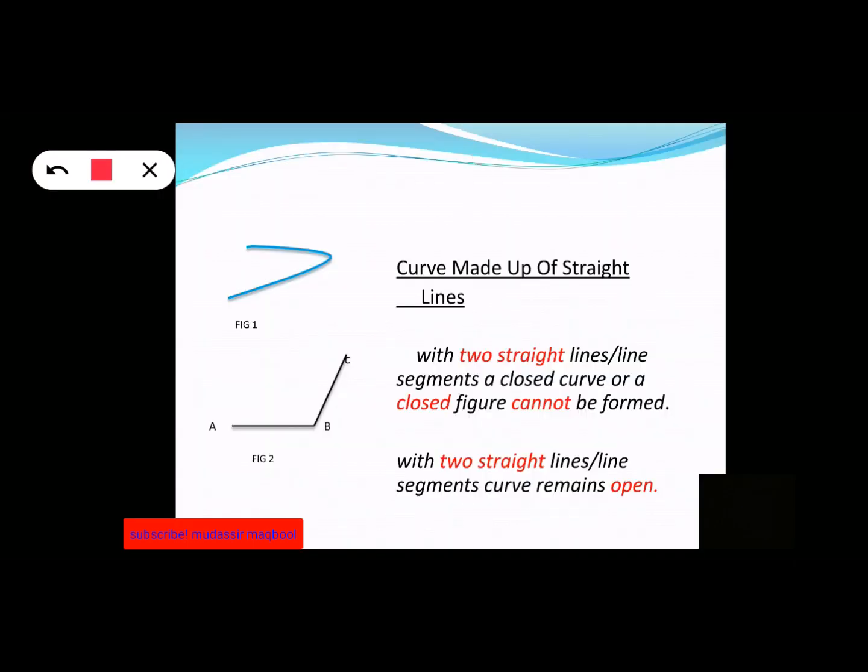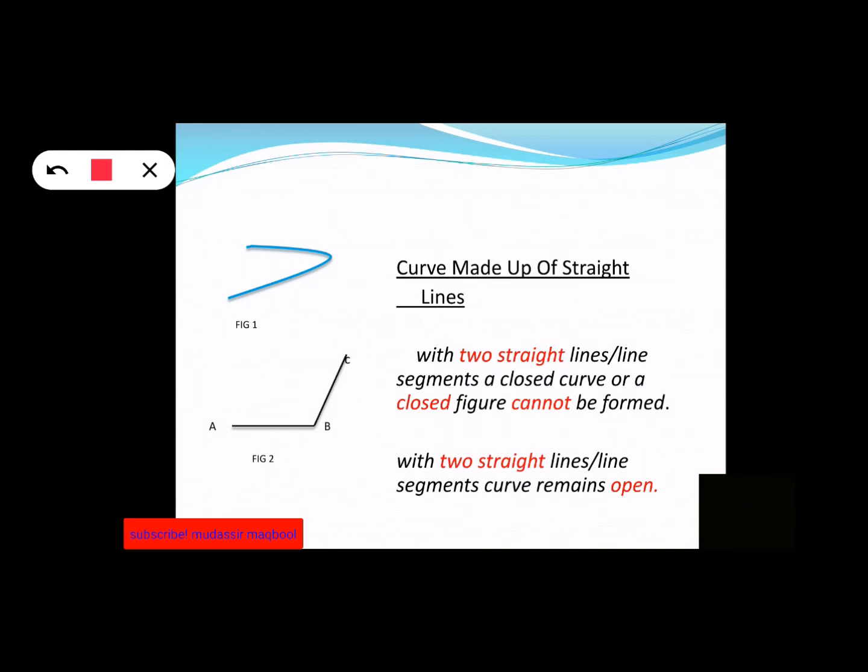In the last video, we talked about simple curves like the one in figure 1. A curve is a line which changes its direction at least once. That means if there is a slight curvature in the line at any point, that line is a curved line. Now, consider figure 2.